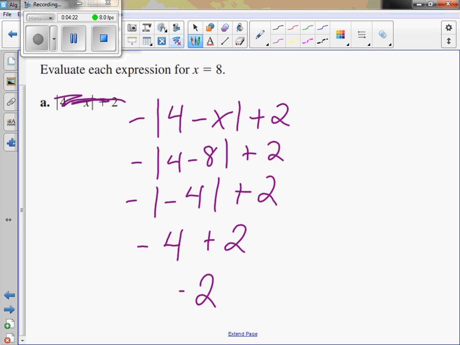Which would give us negative 2. So if there's a negative on the outside, the absolute value of negative 4 is 4, but the negative absolute value of negative 4 is negative 4. Do y'all see that difference? So the absolute value only changes the sign of what's inside. It doesn't touch what's outside. Any other questions? That was a nice question, Lily.